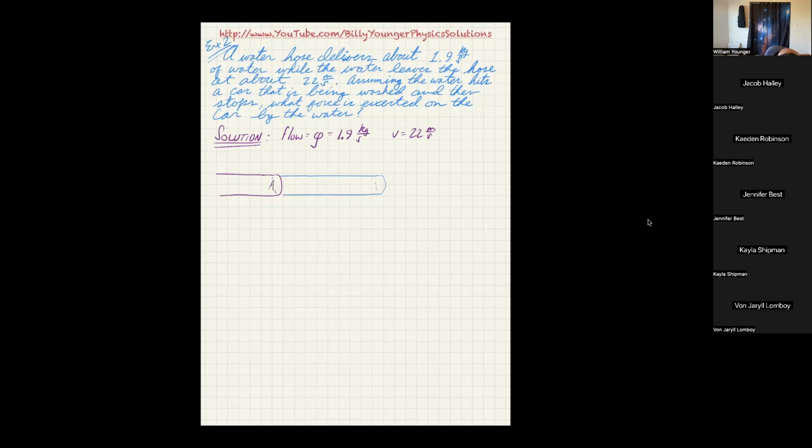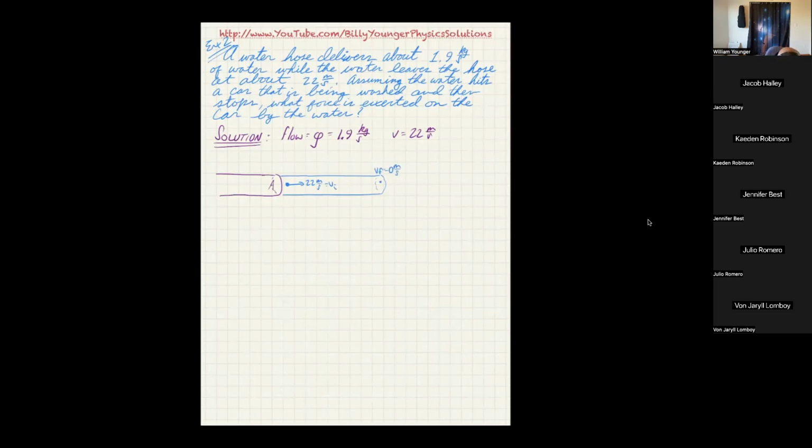So initially, we're looking at a particle of water moving at 22 meters per second, and that's going to be V initial. And then all of a sudden, V final is going to be 0 meters per second.